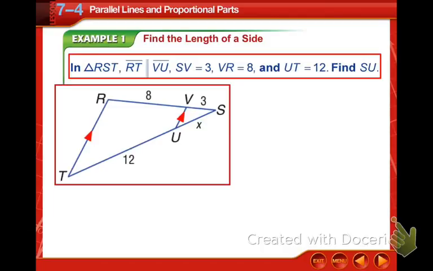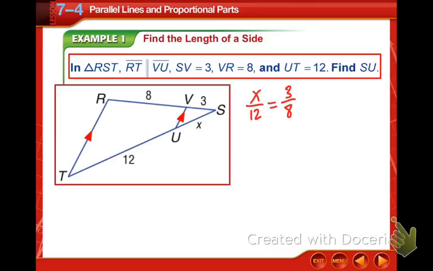So all we have to do is keep the same side in the same fraction, same ratio. So 12 over x, or x over 12, equal to 3 over 8, because they're on the same side and in the same order. If we go the other way, we'll have some problems.